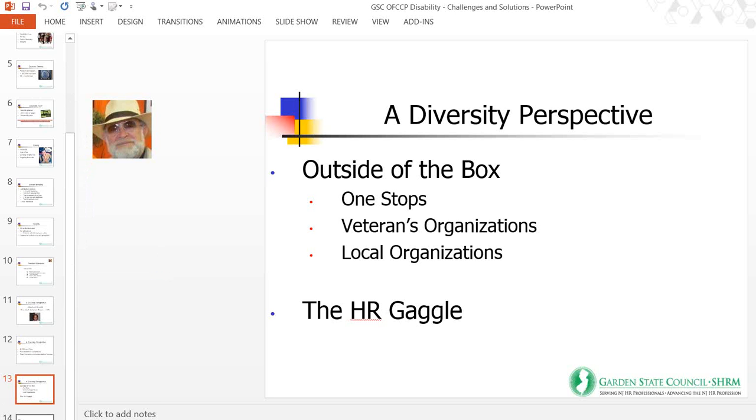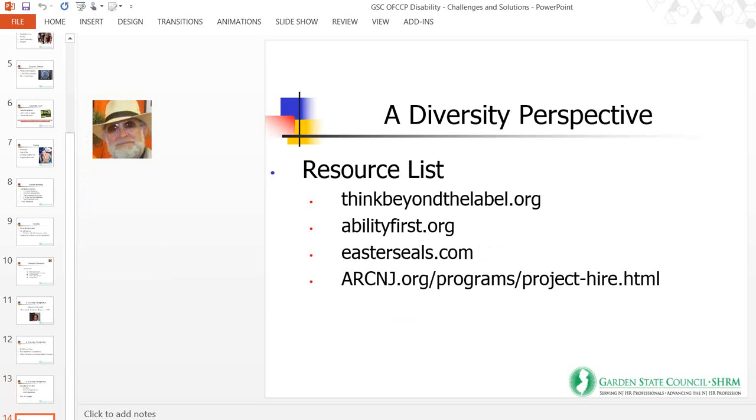Next slide. The other resources that I would point you towards, and this is just the very beginning of a list of what might help, are some things in New Jersey that we have found to be particularly useful. There is a website and an organization called thinkbeyondthelabel.org.